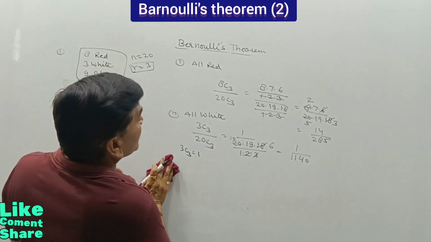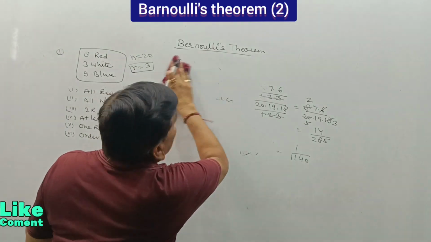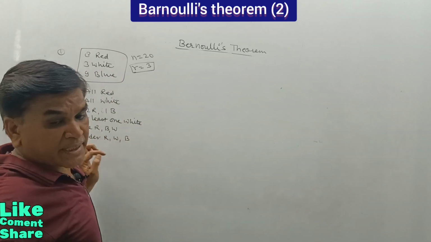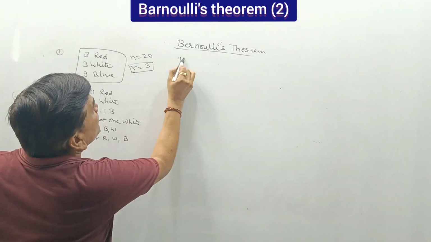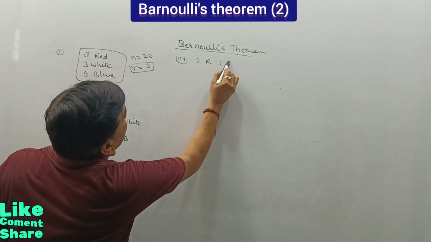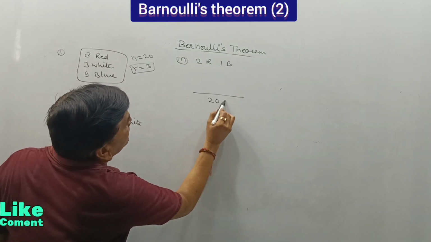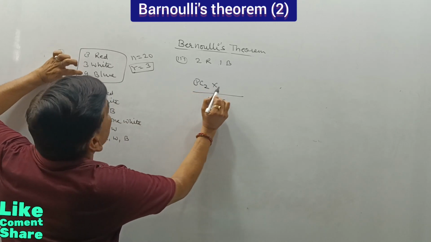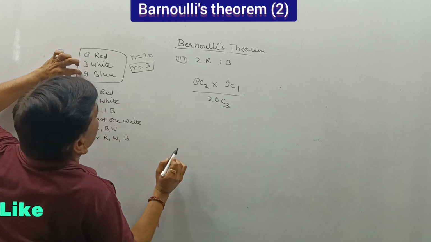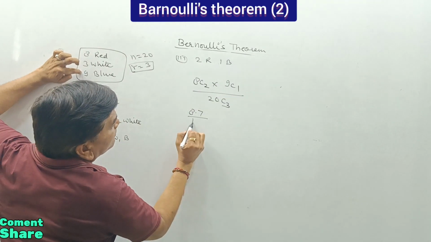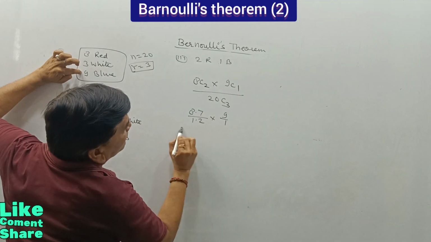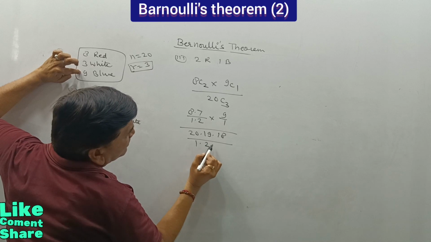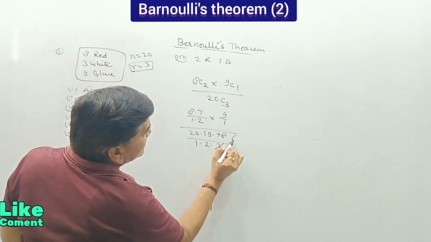Now the third question is asking 2 red and 1 blue. So the total number of events is 20C3. For getting 2 red, 8C2. For getting 1 blue, 9C1. So 8 multiply 7 divided by 1 multiply 2, times 9, divided by 20, 19, 18 divided by 1 multiply 2 multiply 3. 6 threes are 18.